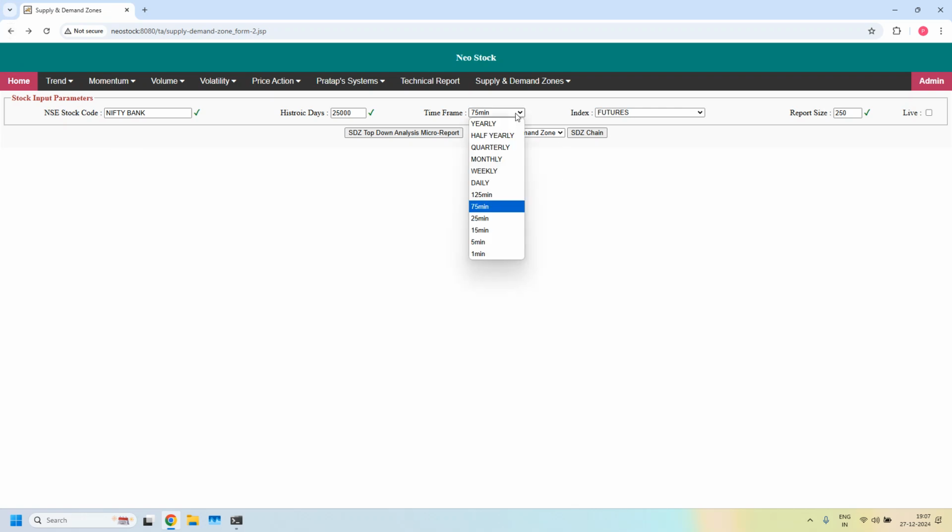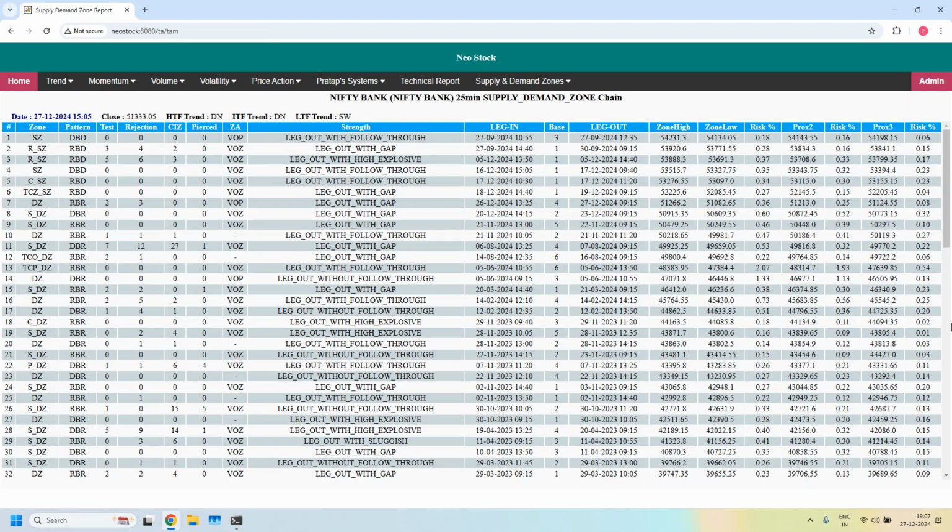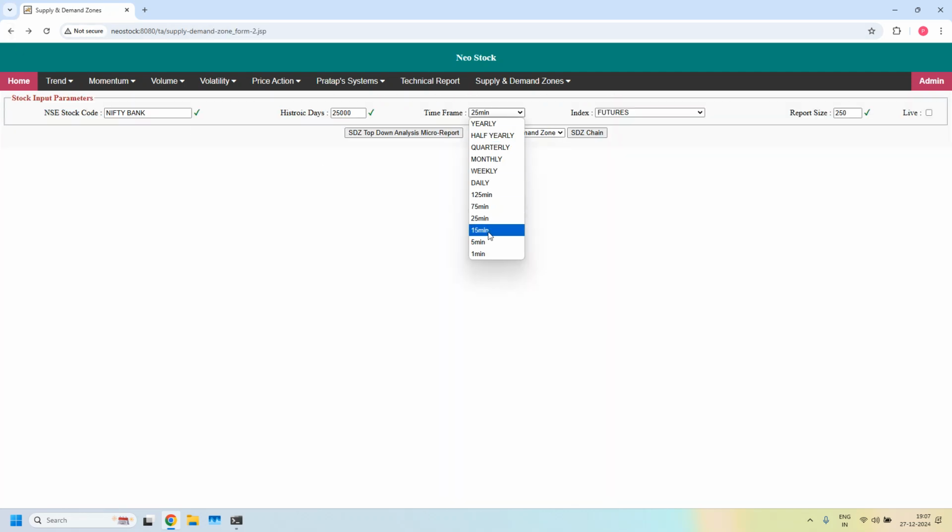Next, 25 minutes supply demand zone chain for Bank Nifty. Next, 15 minutes supply demand zone chain for Bank Nifty.